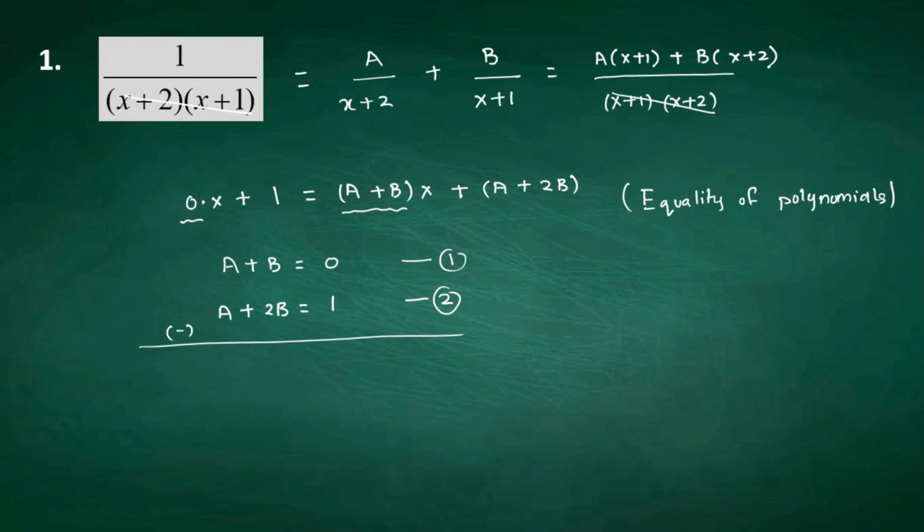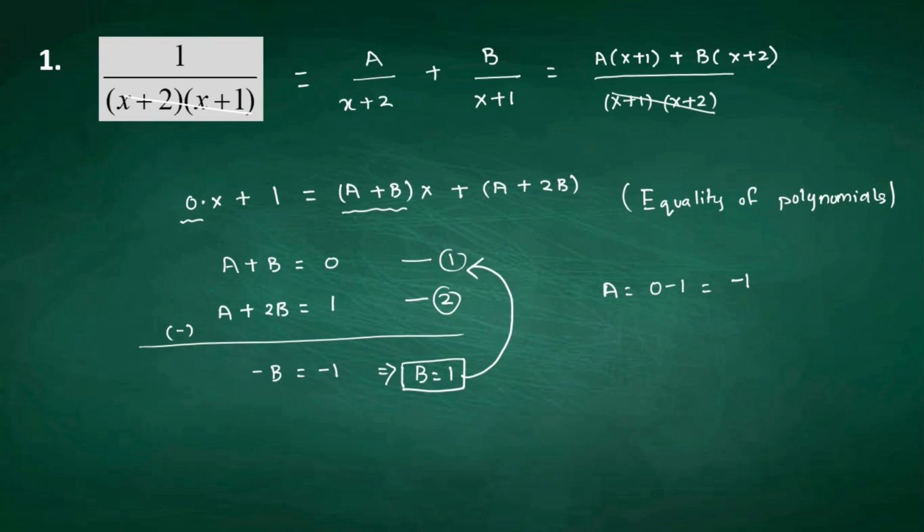You obtain minus b equals minus 1, as a and a will get cancelled, and so b equals 1. Now if you substitute b equals 1 in the first equation, you obtain the value of a as 0 minus 1, that gives you minus 1.